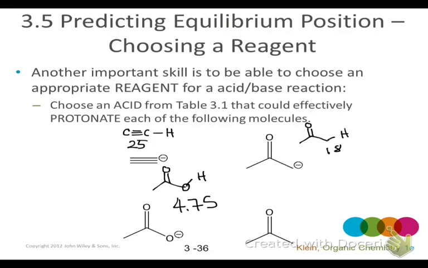If we did acetylide, water formed an acetylide ion, all we need to do is find an acid that's weaker than this, whose pKa value is higher. And the one that's typically used for that, because it's convenient, is this one. This is the acid, pKa is about 35 or 38.